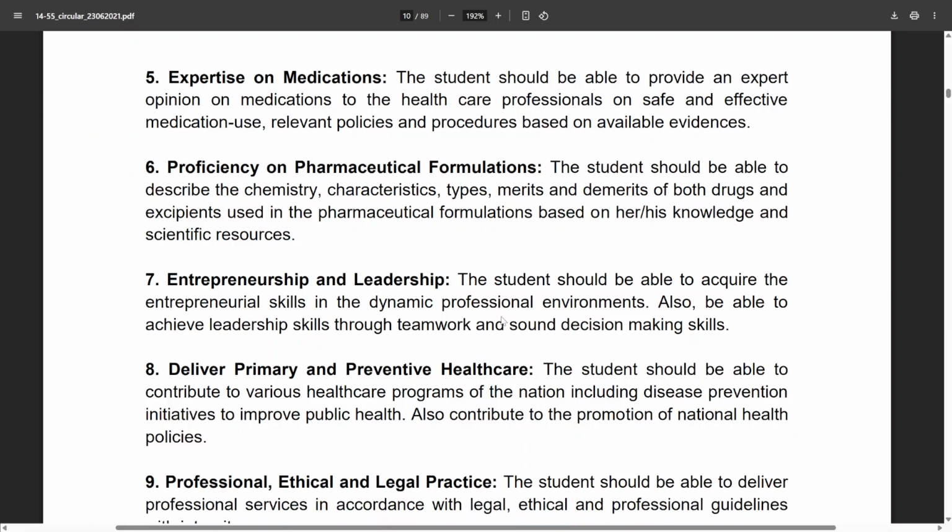Now let's move to point number 6. The student should be able to describe the chemistry, characteristics, types, materials, merits and demerits of both drugs and excipients used in pharmaceutical formulation based on his or her knowledge, skills and scientific resources.